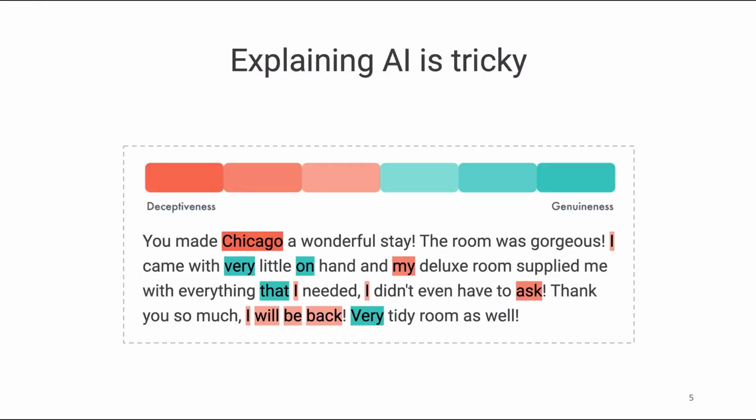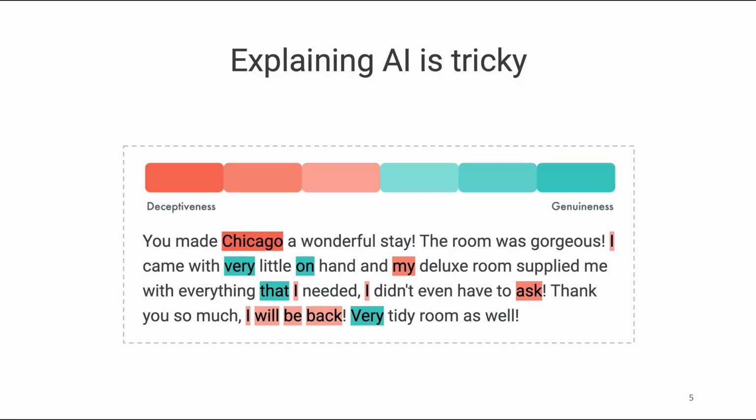While the research community has proposed a variety of ways to derive explanations from machine learning classifiers, the explanations might not be fully understandable and at times confusing to humans. Here, we're looking at the case of deceptive review detection, where the goal is to distinguish deceptive reviews from genuine reviews.